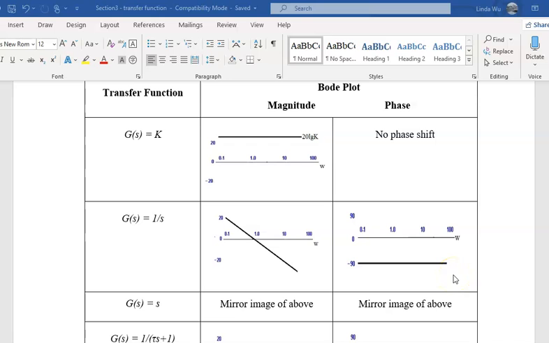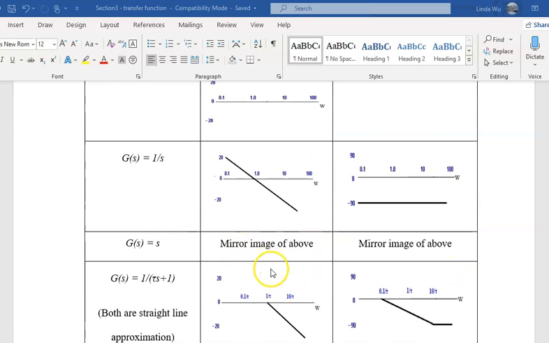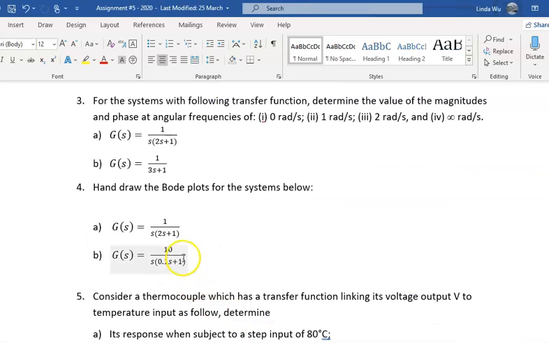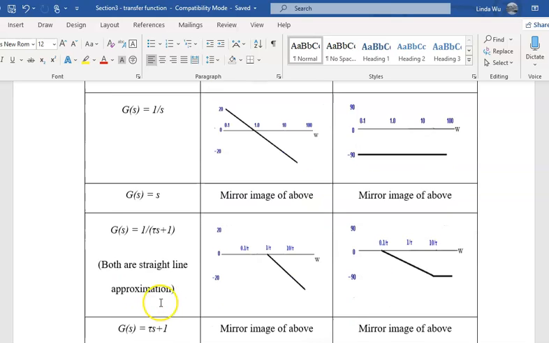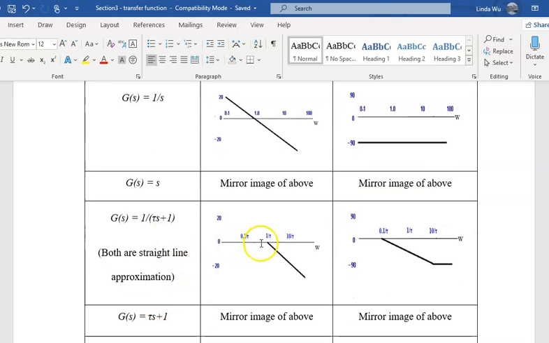This is the phase angle, and then there's another one. So you can see 1 over s, and then there's another 1 over 2s plus 1. The 1 over s gives us this one. The other is a first order system, which will give us this expression.